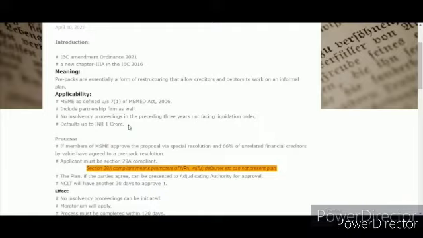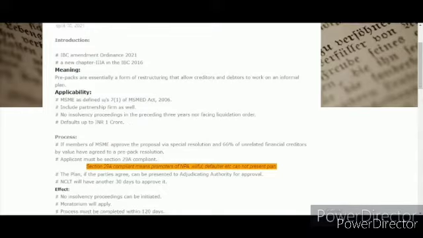It's the company itself opting for this arrangement, wherein some sort of haircut is provided and the amount which is due can be reduced, or some sort of relaxation is given by the banks.